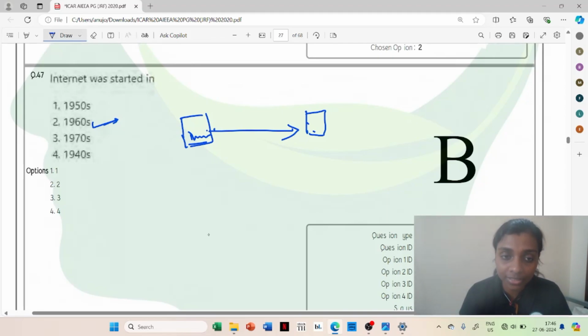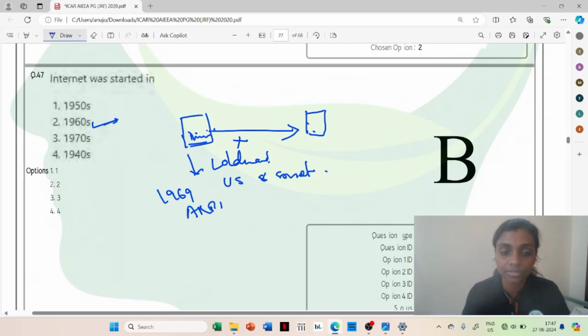As a solution to this problem, and as there was a Cold War between the US and the Soviet Union, for proper communication, even if communication signals were going down due to war, the internet came into play, so that in 1969 ARPANET was introduced. In the earlier times, the 1960s, it started mainly for communication, to share government communication with the people. So the answer is the second one.